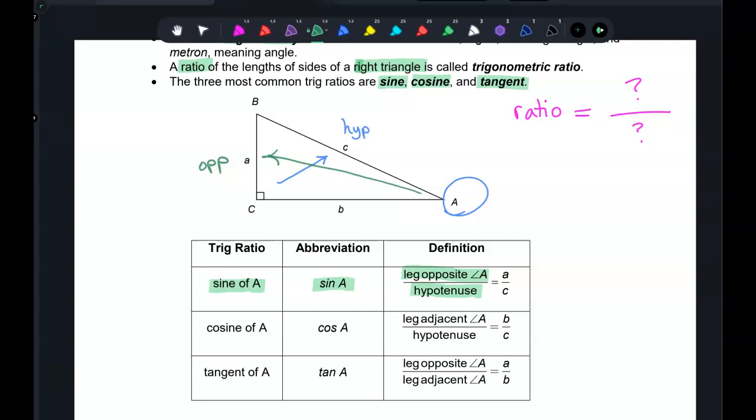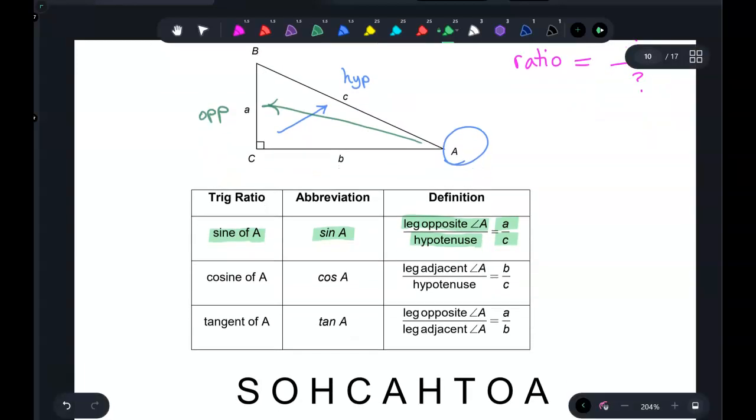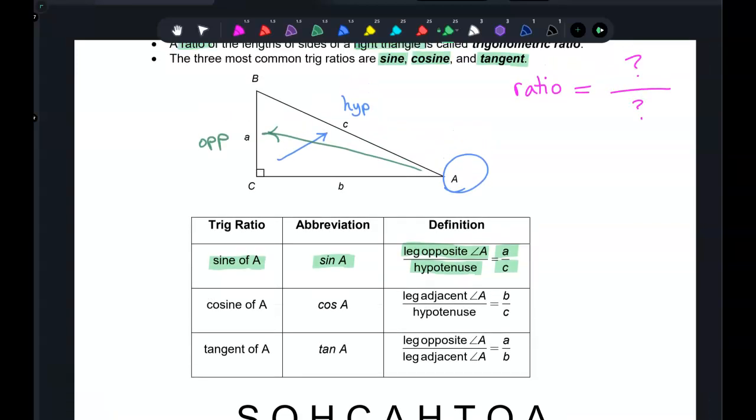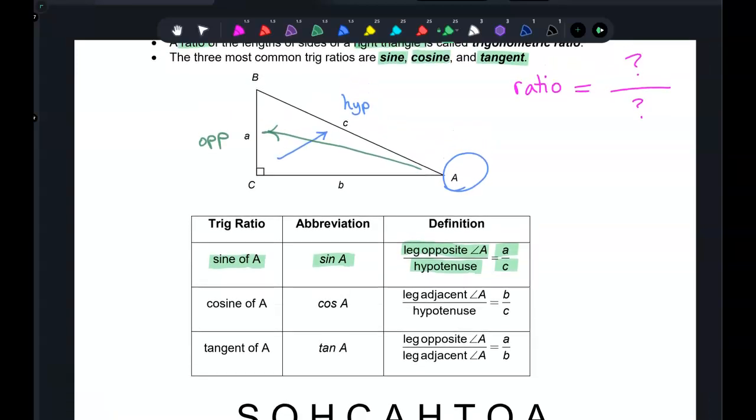The lowercase letter is going to represent the side. So if I said, what is the sine of A? We'll say A over C. So if I gave you actual numbers, like let's say this was 2 and this was 5, I would just say sine of A is 2 over 5. The leg opposite A is just A. Leg opposite. And the hypotenuse is just C.